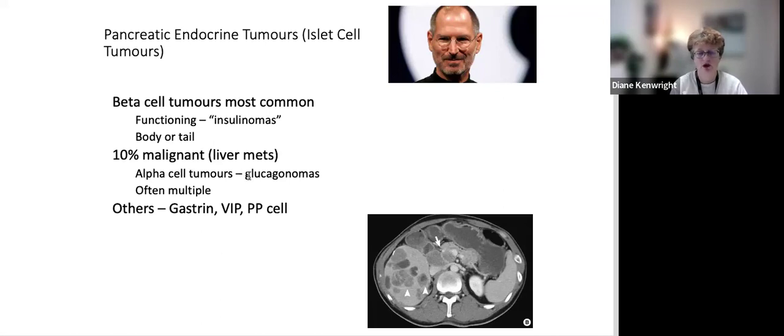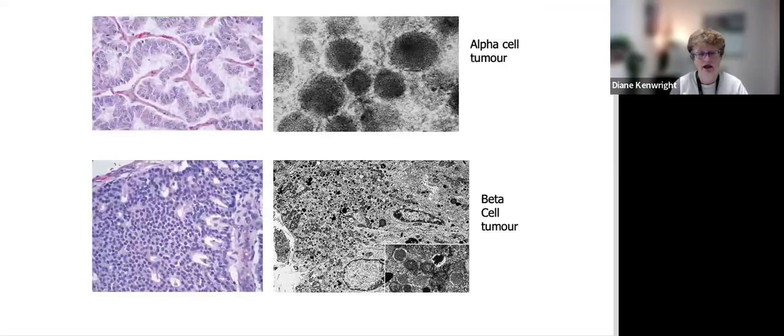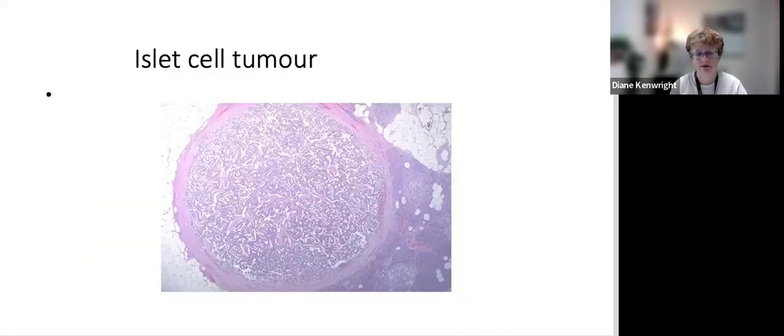So we have glucagonomas producing glucagon from alpha cells, etc. Again, they form a mass, a discrete rather than infiltrative mass in the pancreas. They have cells in them that have neuroendocrine granules that secrete the hormones that they are producing. And you can see, being a very discrete, isolated mass, they are more amenable to surgical removal.